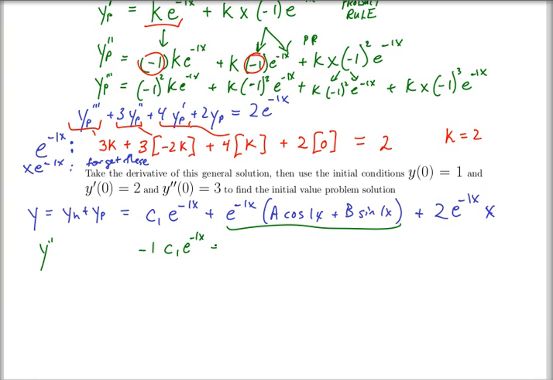Here we've got minus 1 e to the minus 1x times a cosine 1x plus b sine 1x plus e to the minus 1x times, well, just a 1 is going to pop out, and actually it's going to be a negative sine 1x times a.